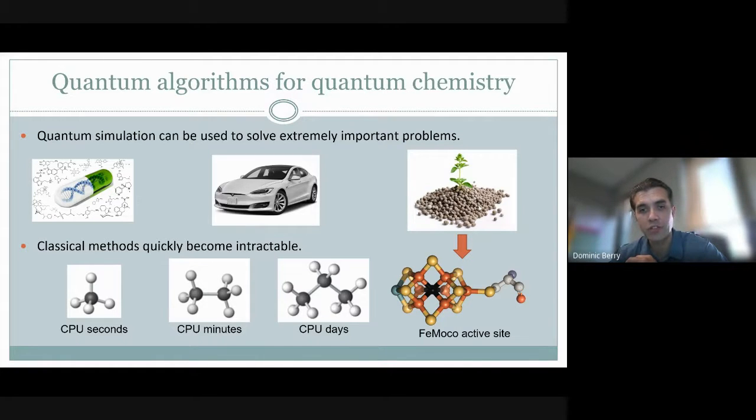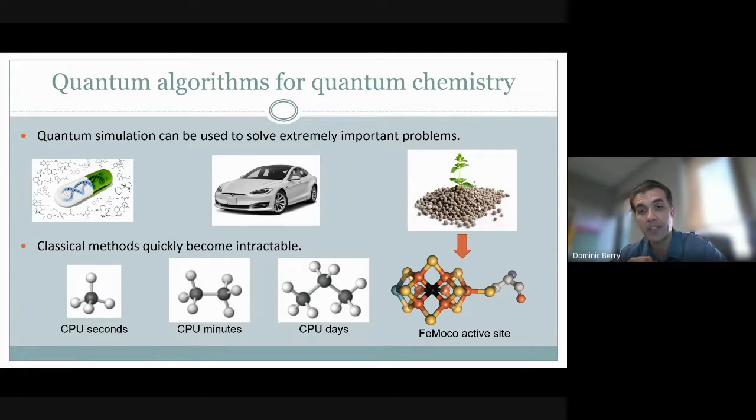which makes it quite difficult to simulate in comparison to smaller molecules, which can be simulated far more efficiently in a classical approach. Generally, the complexity of the classical methods scales up exponentially with the size of the system, whereas with the quantum computer algorithms that we're developing, it's always expected to be polynomial in the size of the system.